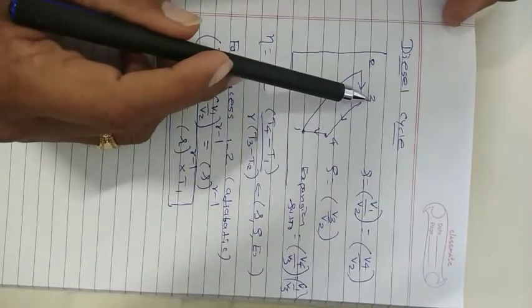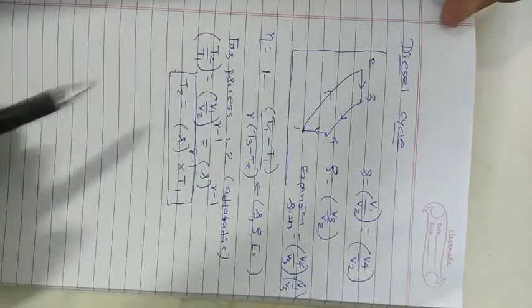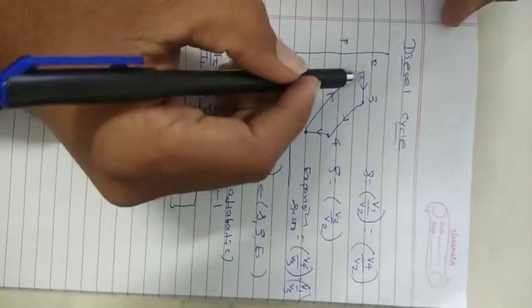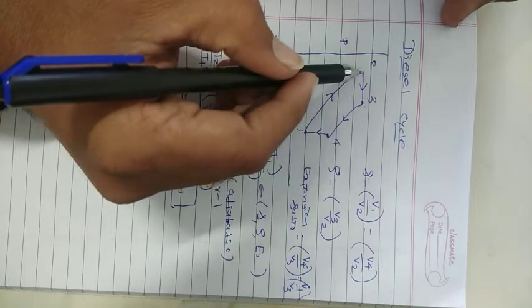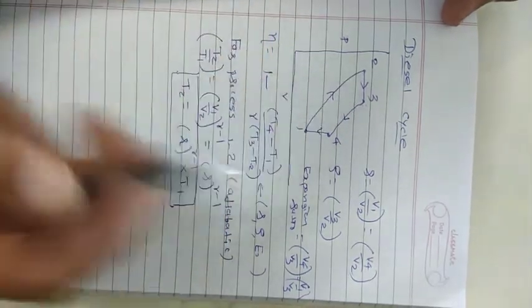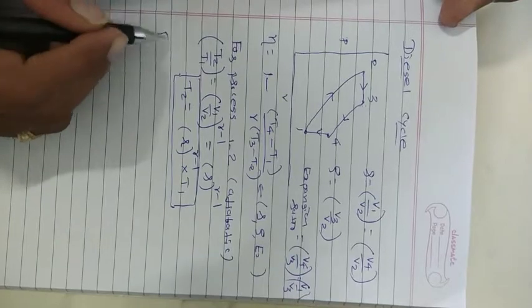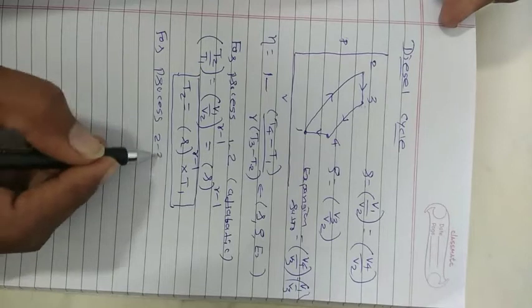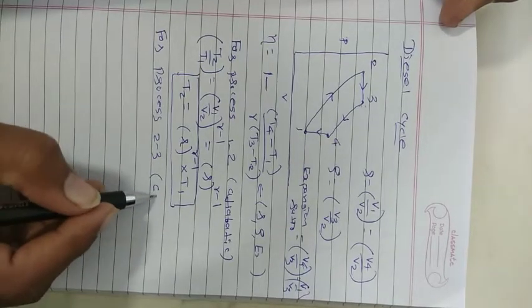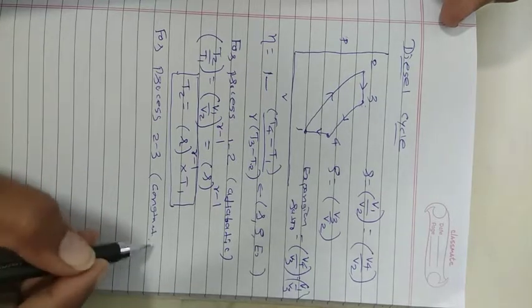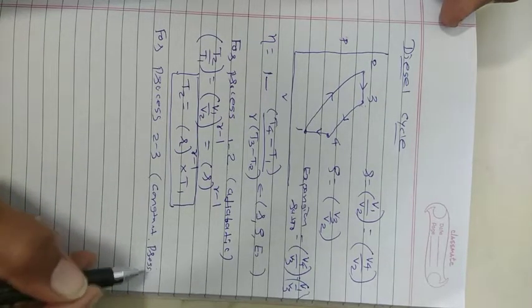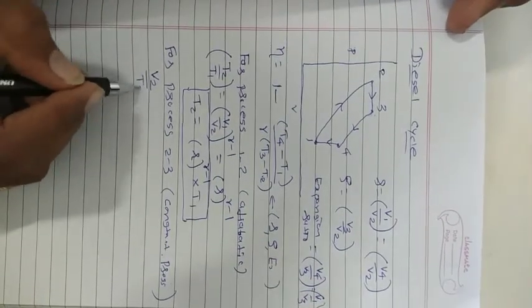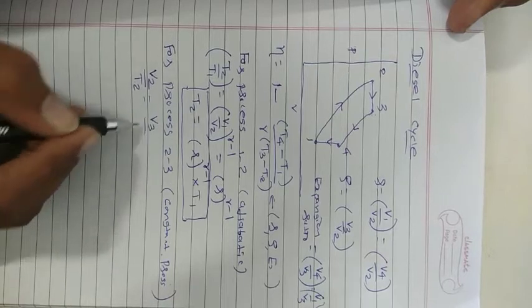Now it is the turn of which point? T3. Now this process is basically a constant pressure process. So for process 2-3, which is known as a constant pressure process, we can write V2 by T2 is equal to V3 by T3.